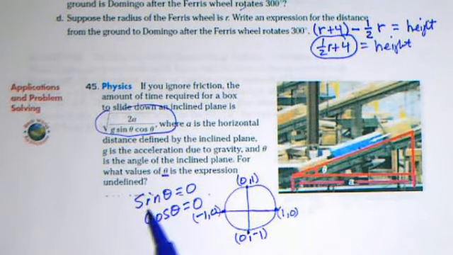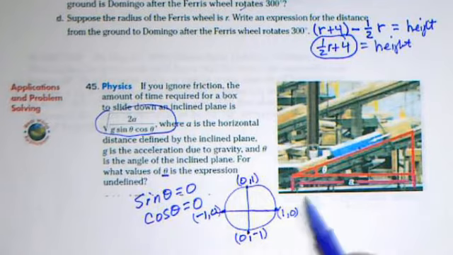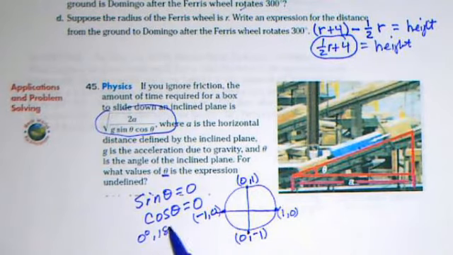So where sine of theta is 0 is going to be at 0 degrees, and it's going to be at 180 degrees. Where cosine of theta is 0 is going to be any place where the x's are 0. That's going to be at 90 degrees and at 270 degrees.